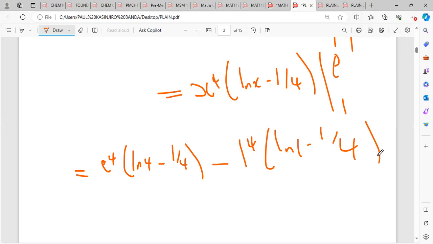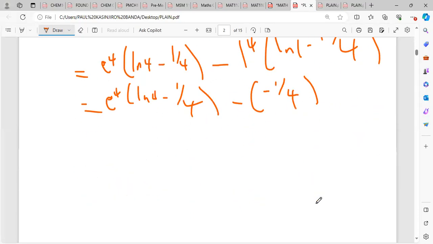Okay, so how do you simplify that now? We know that ln 1 is just 0 there. So meaning here we have e to the power 4 ln 4 minus 1 over 4 minus, what do we have here? We know that ln 1 there is 0, then 0 minus 1 over 4, we're still getting 1 over 4 there.